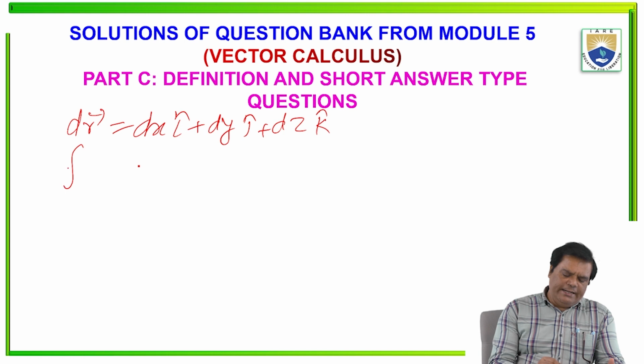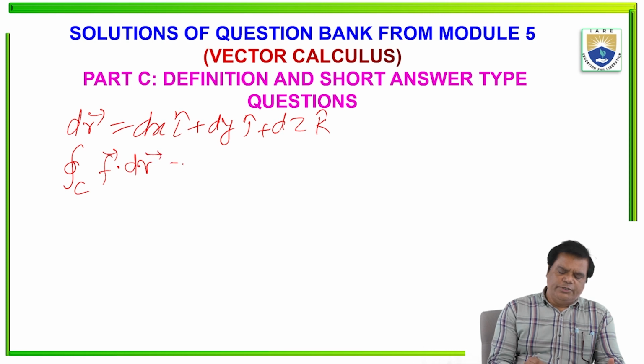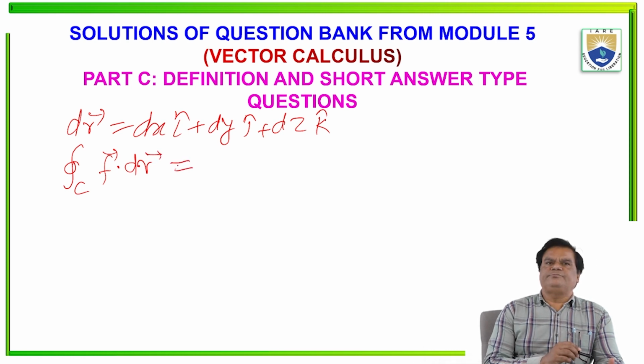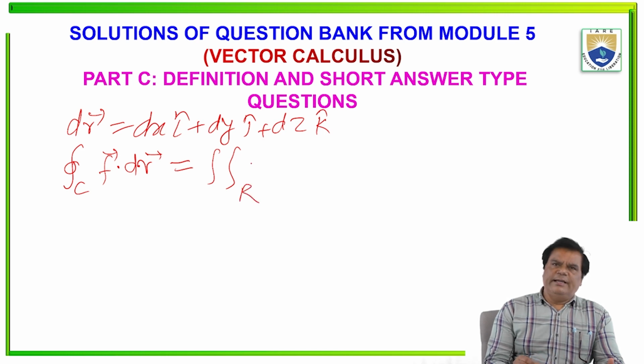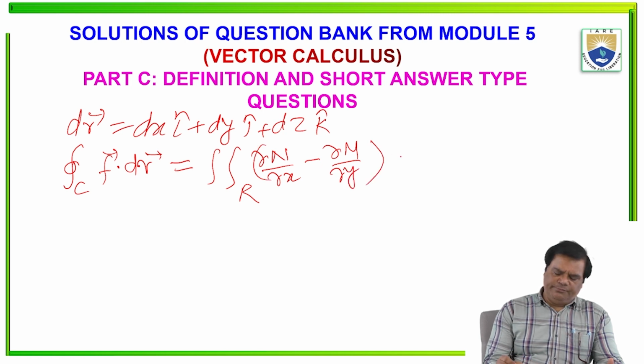Now the line integral over C of vector f dot dr equals the double integration over R of dou n over dou x minus dou m over dou y, dx dy.